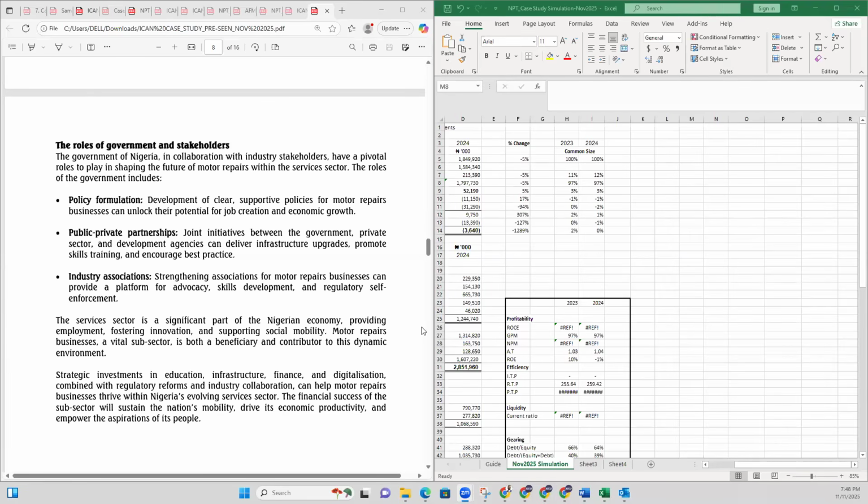Strategic investment in education, infrastructure, finance, and digitalization, combined with regulatory reforms and industry collaboration, can help motor repairs businesses thrive within Nigeria's evolving services sector. The financial success of the subsector will sustain the nation's mobility, drive its economic productivity, and empower the aspiration of its people.